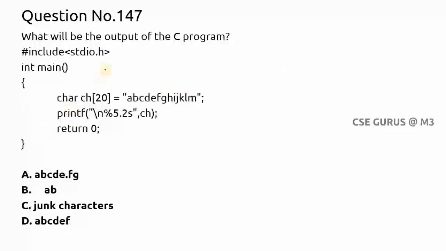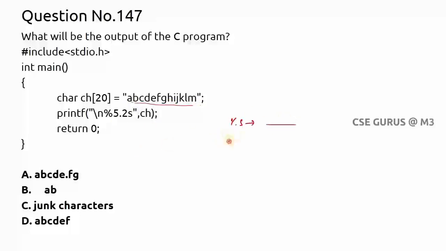Coming to question number 147. Here it is given char ch of 20. The string that is taken has the characters A B C D F G H I J K L M. Now what are you printing? Suppose I print percent s, what will be printed? That entire string will be printed.